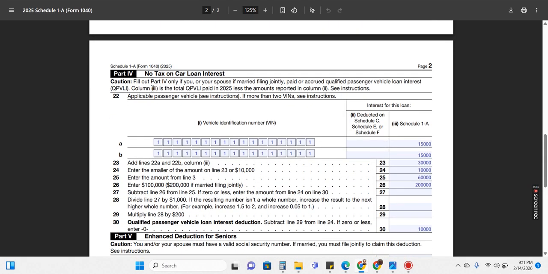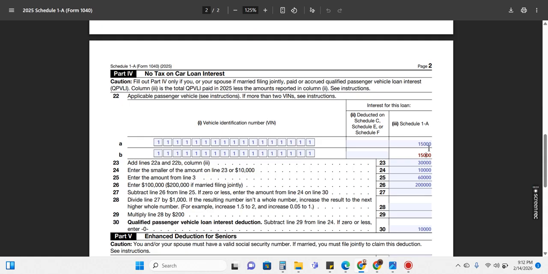Now let's check Part 4, no tax on car loan interest. The vehicle must be produced in America. Here is the vehicle identification number, the VIN. You have two cars, so 15,000 for the first car and 15,000 for the second car.